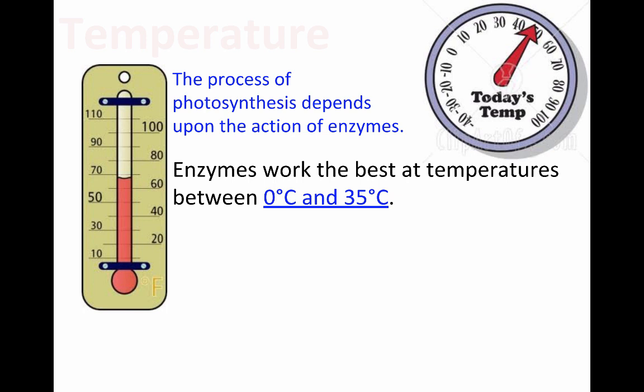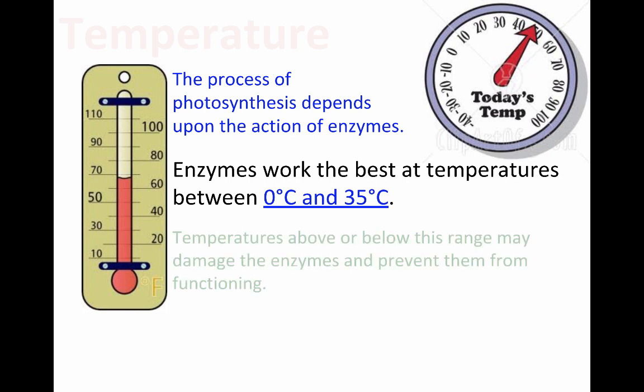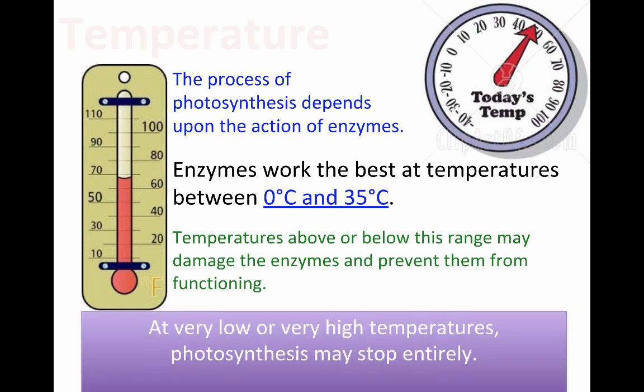In the Fahrenheit world, that would be above freezing, in the 40 degrees range, up to about 85. If you go below it or above it, the enzymes could be damaged and then they just don't work right. So if the enzymes aren't working right, then photosynthesis can't take place either.